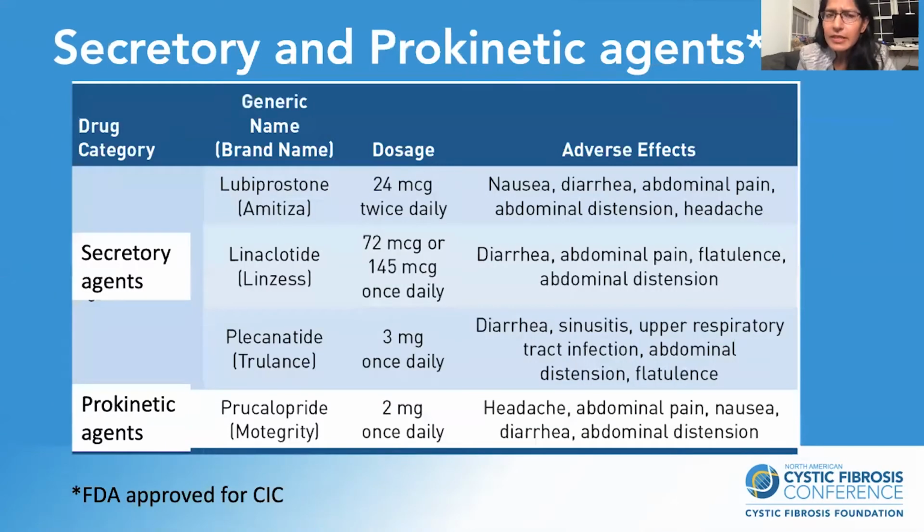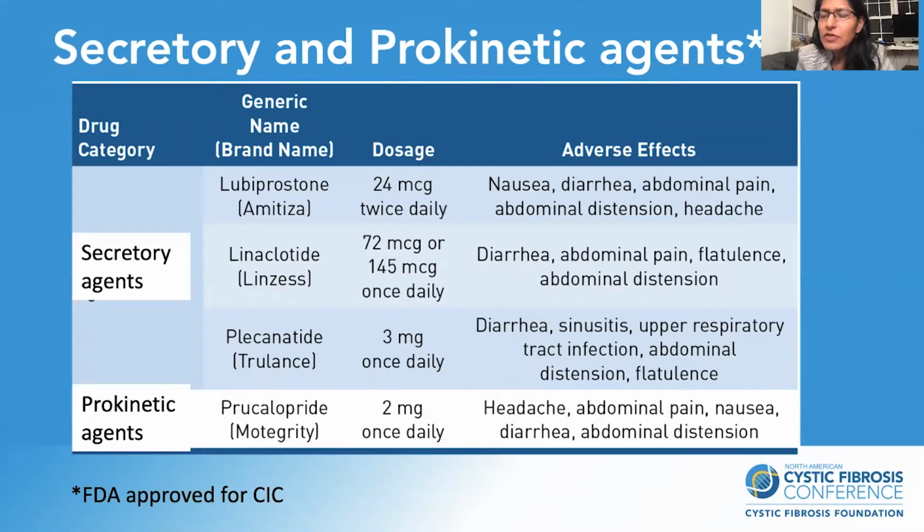So of all the slides in my talk, this is probably the most helpful, because it lays out the medications that we use as second-line treatments for CF patients. It includes the 3 secretory agents we talked about, lubiprostone, linaclotide, plecanatide, as well as the prokinetic agent prucalopride. And it lays out the dosages as well as adverse effects.